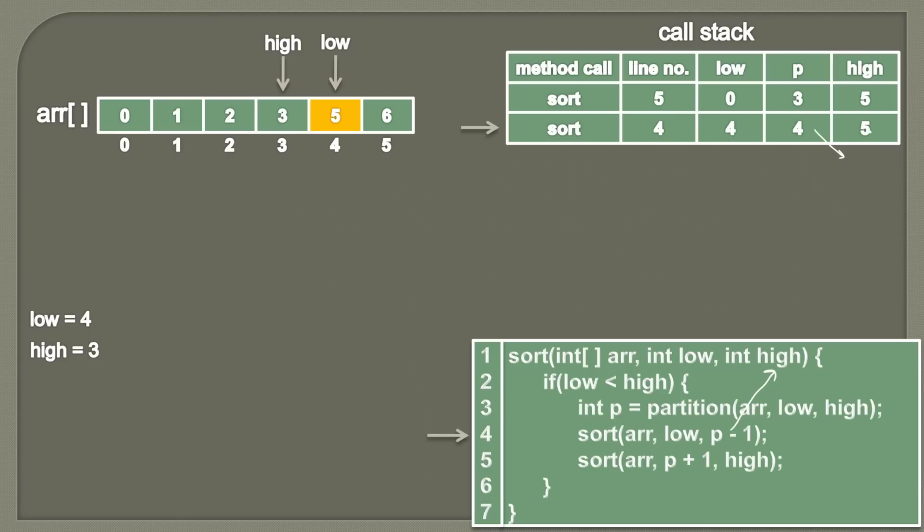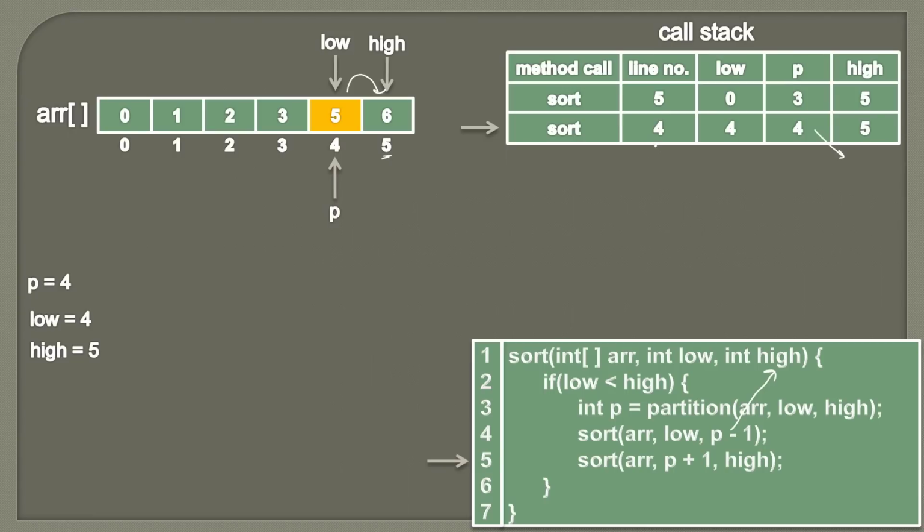And low, P and high had values as 4, 4, 5. So we give them their respective values. 4, 4 and 5. And now we go on the right side of the pivot, which is at P plus 1 to high. So P plus 1 is index 5.